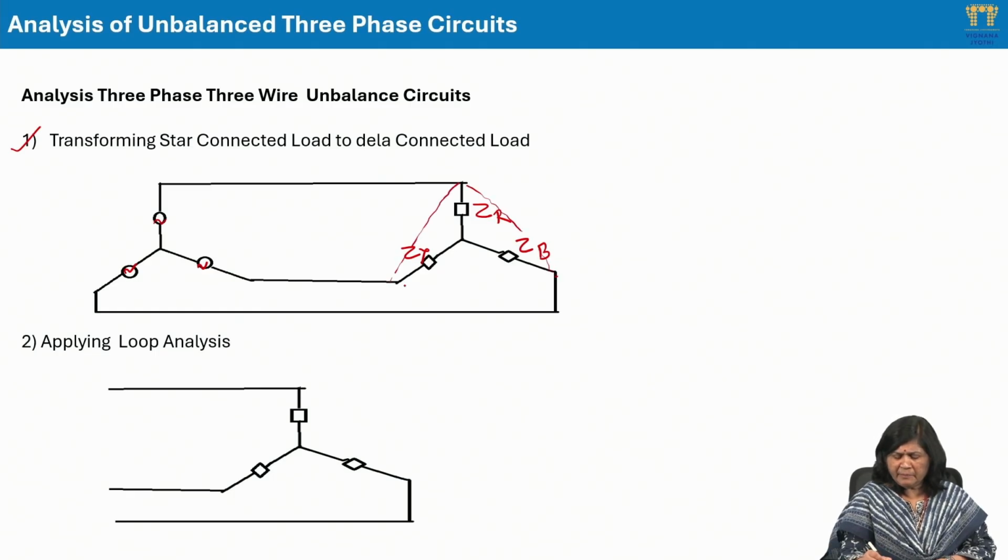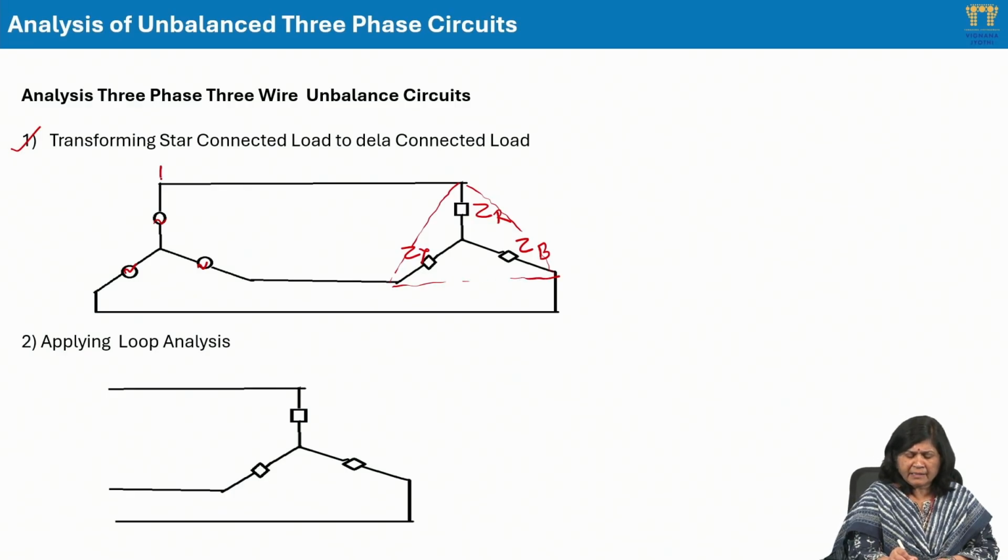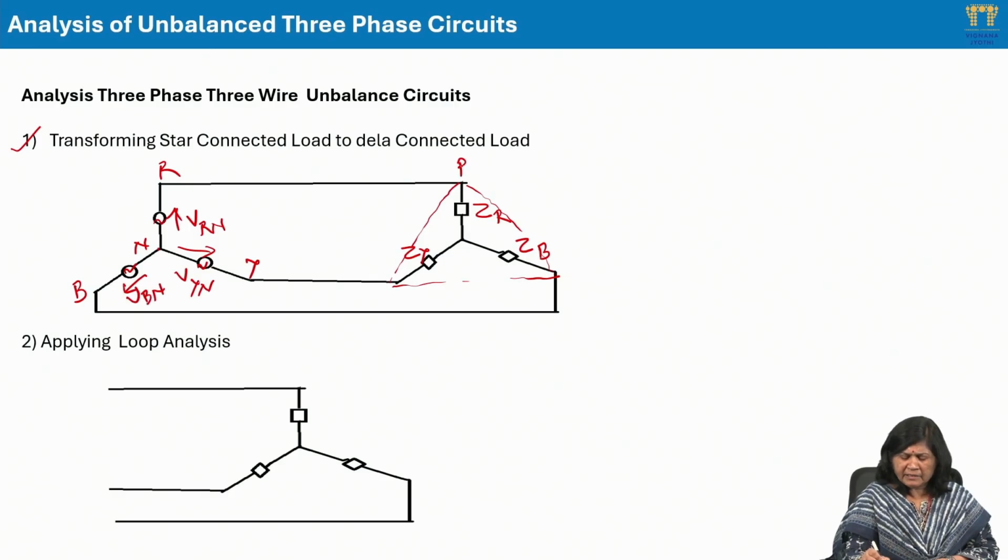As I told in the beginning, my line voltages are the same. This is R, this is Y, this is B, this is my VRN, this is VYN, and this will be VBN.